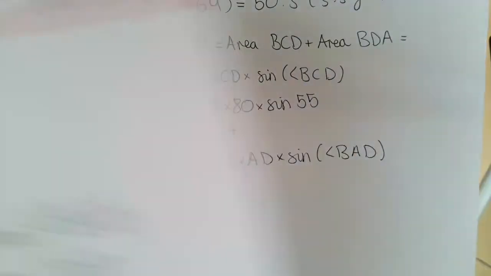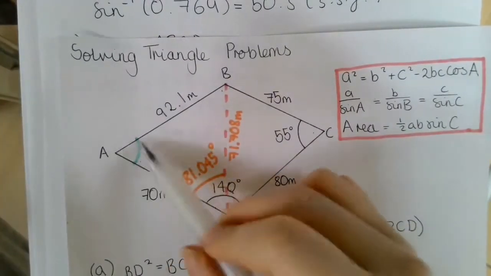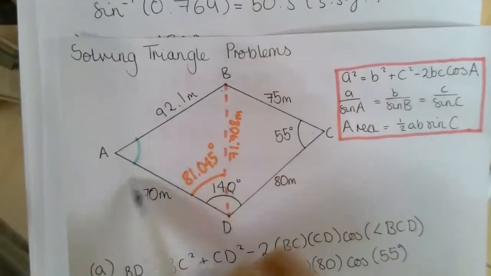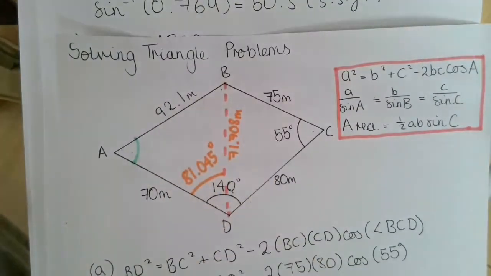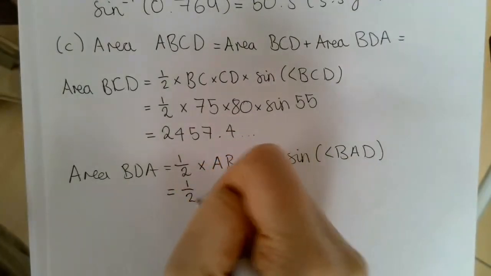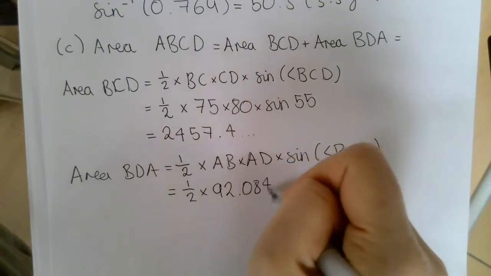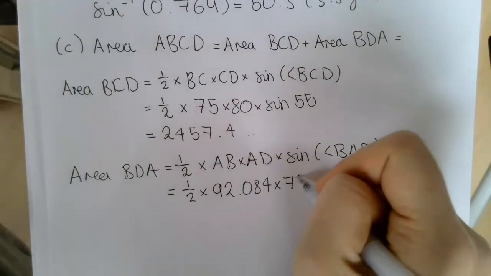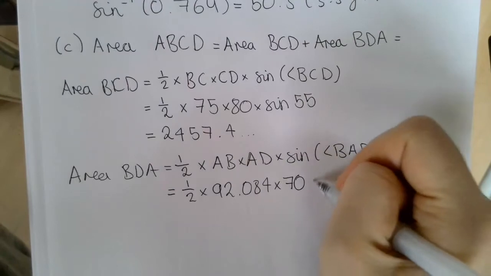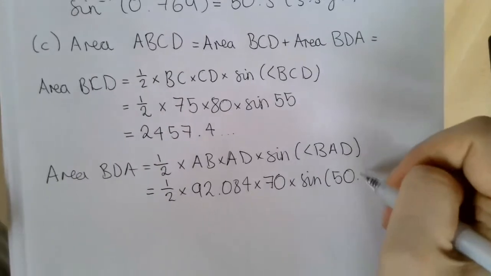So we're doing a half multiplied by AB, AD, and then we're doing sine of this angle, which is the angle we just found in part B. So that is equal to a half times 92.084 times 70 times sine of 50.28 or 50.3.